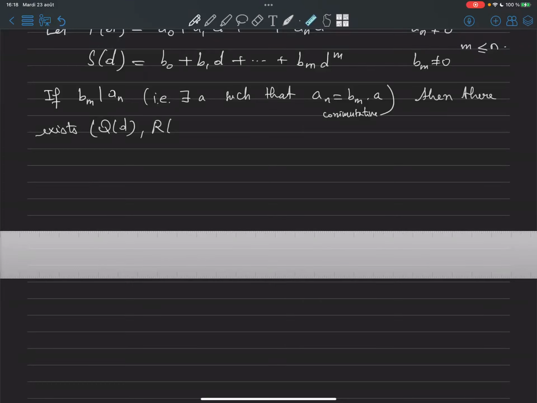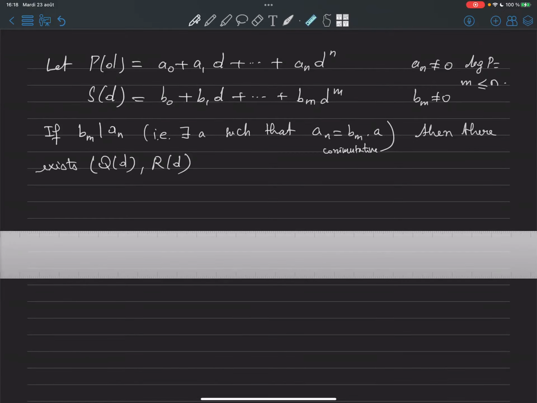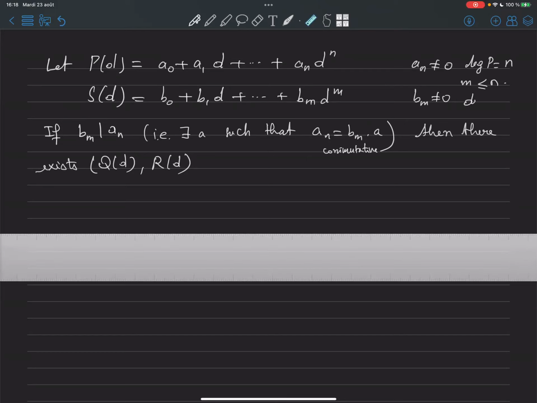And here, saying that A_N is different from 0 just means that the degree of P is N. We can also define the notion of degree: it is the greatest index for which the coefficient is not equal to 0. Here the degree S is equal to M.